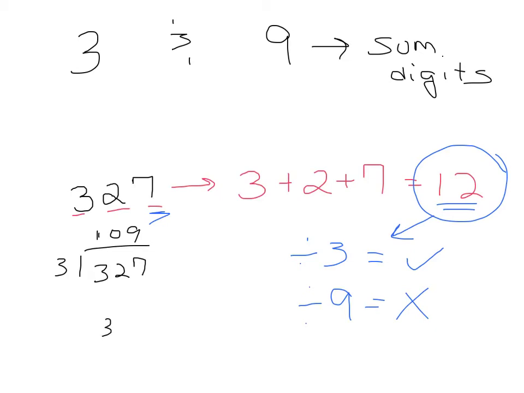If, on the other hand, I try 327 divided by 9, 9 goes into 27 3 times, subtract 27, left with 0. 9 goes into 57 6 times, subtract 54. I'm left with a remainder of 3. I don't need to go any further because divisibility is about being able to divide evenly, with a remainder of 0.